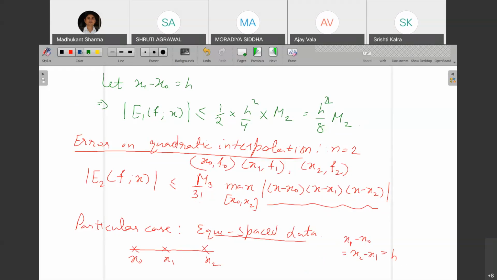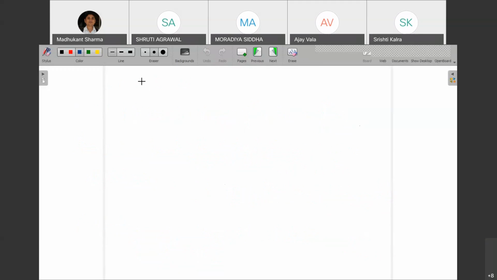Now assume this is your center of origin, let's say t, and this is the previous value, t minus h, and that is t plus h. So instead of finding the maximum of this cubic polynomial, you are going to identify the maximum of the modulus of, instead of that product, t minus h into t into t plus h, which is much simpler than the previous one.